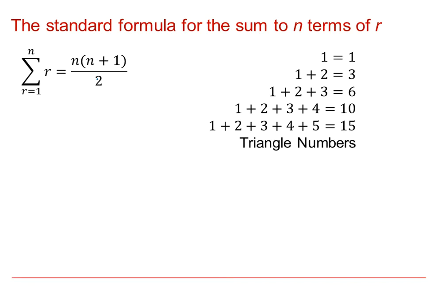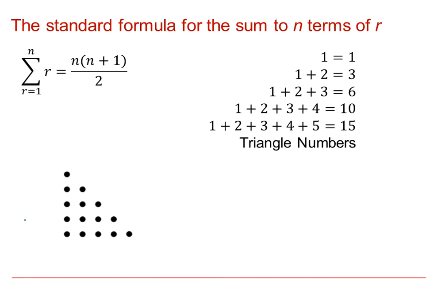So we've seen that the sum of the first n integers can be written as n times n plus 1 over 2. We're going to demonstrate this formula looking at the sum of the first 5 integers. We know this summation is 15. If we represent that as a triangle, 1 add 2 add 3 add 4 add 5, we can see that the total is 15, which is a triangular number.